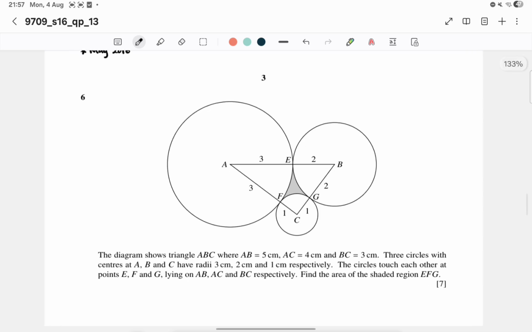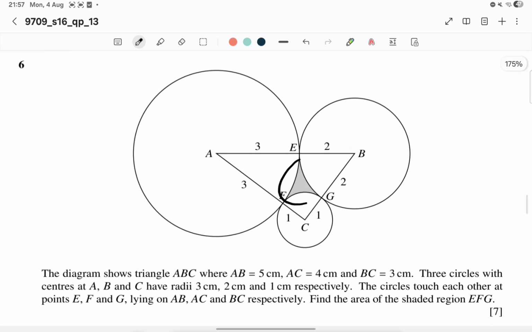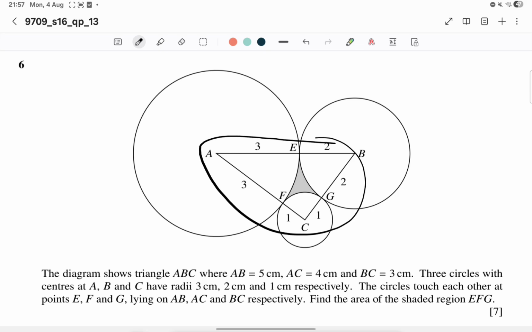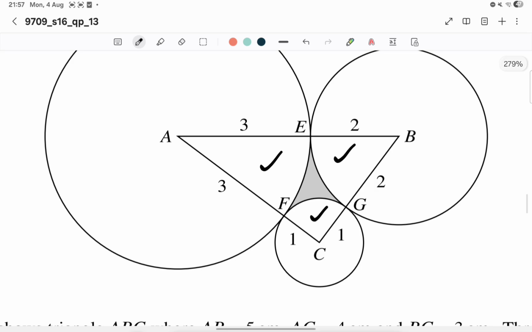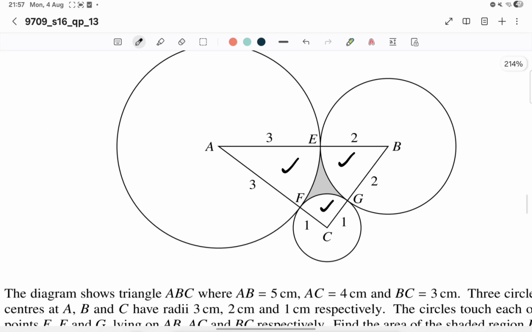So we're going to find the area of the shaded region. Usually, for us to get the area of a shaded region, we would say area of the whole shape, meaning this whole triangle, subtracting area of the unshaded parts, which are this part and this part. Just by looking at this, you can see that these unshaded regions are sectors of different circles.